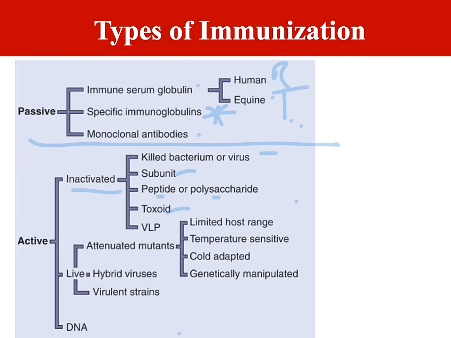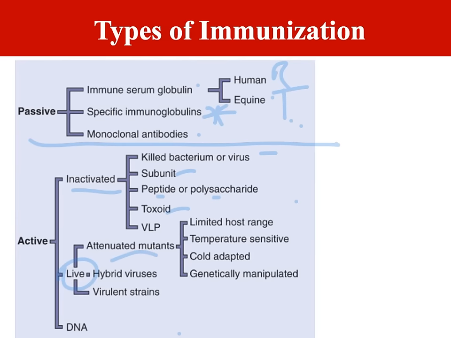And then down here, you can generate active immunity by interacting with live pathogens. Most of these, when you're talking about immunizations, are attenuated mutants. So these can be attenuated in multiple ways.